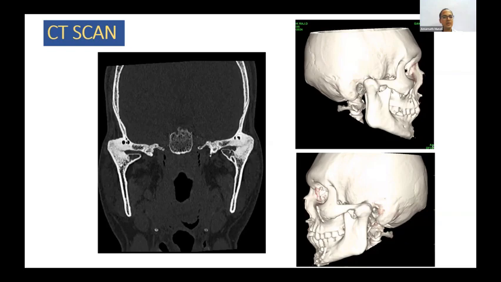And what's the anatomical or the surface landmark of this nerve? Sir, in front of the external auditory canal, it is 0.8 centimeter to 3.5 centimeter from the external auditory canal, bony landmark.